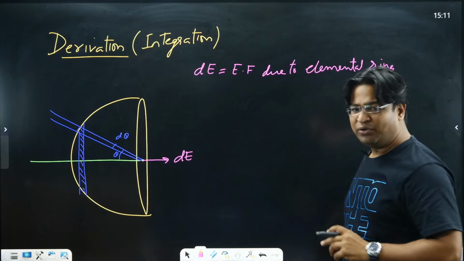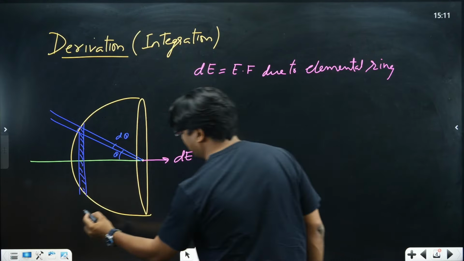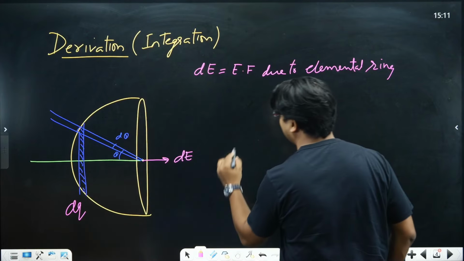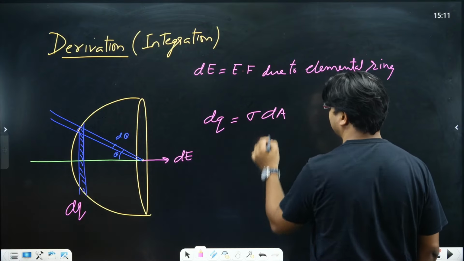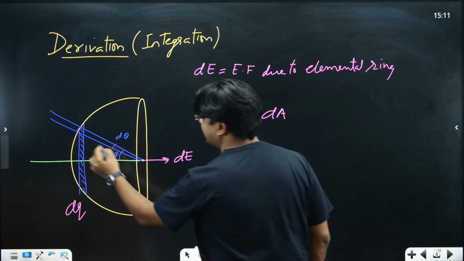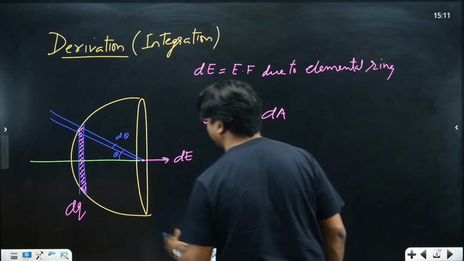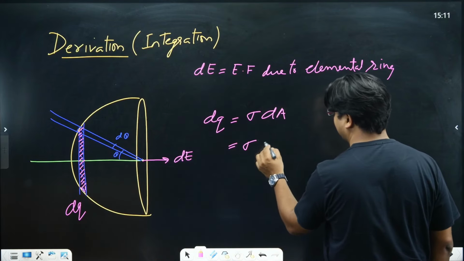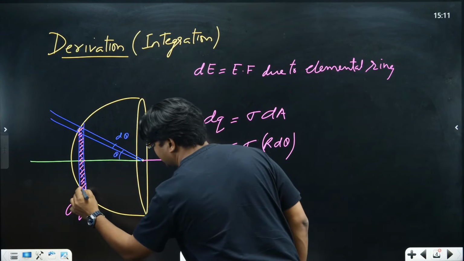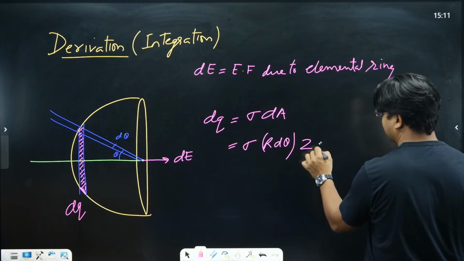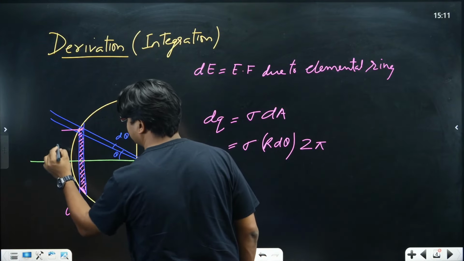Now we first have to talk about how much charge is there on the ring. Let this charge be dq. So how am I going to write dq? I can write sigma into the area of the ring, and by area we mean the width of the ring, R d theta, multiplied by the circumference. The circumference will be 2 pi into the radius of the ring, and the radius of the ring, small r, is this height.